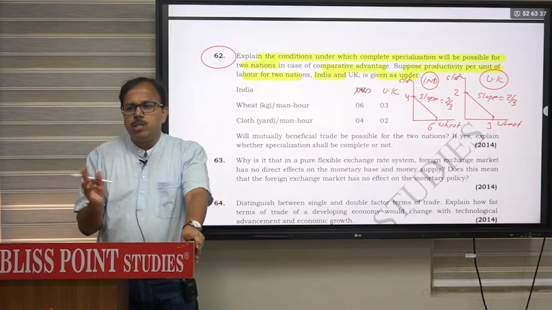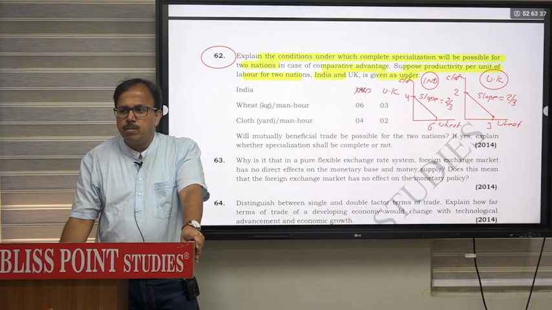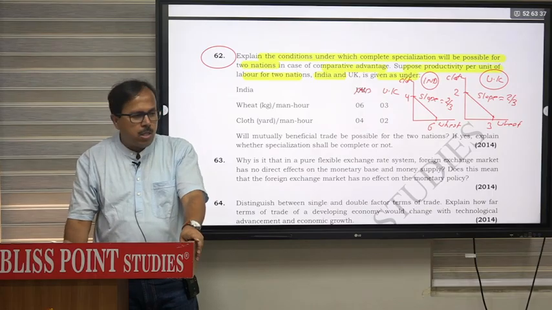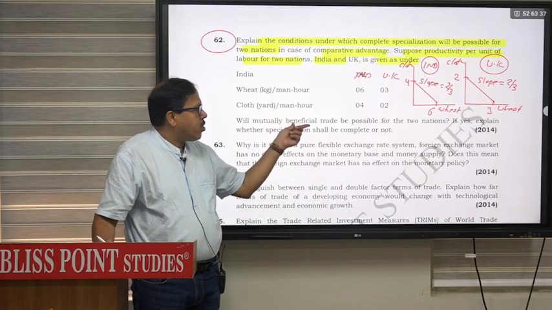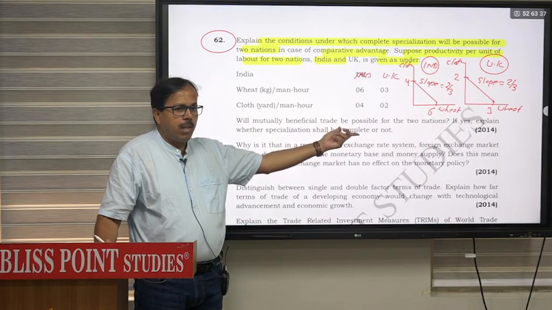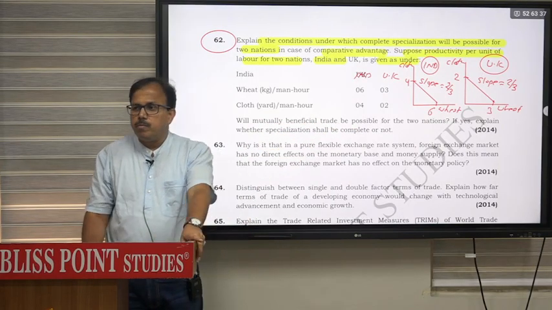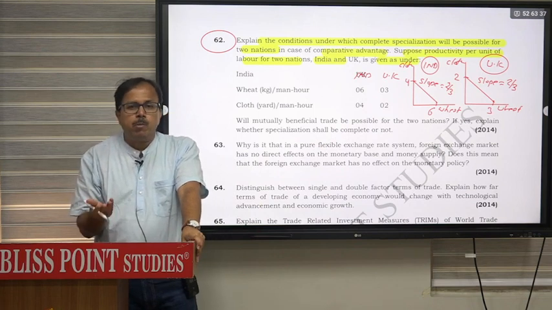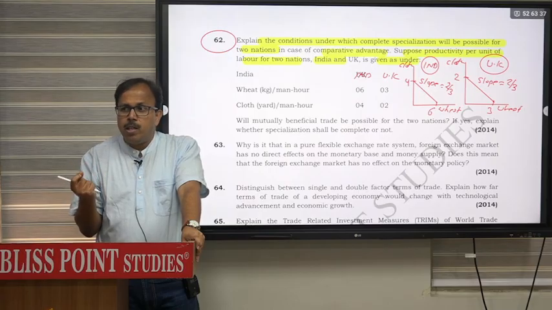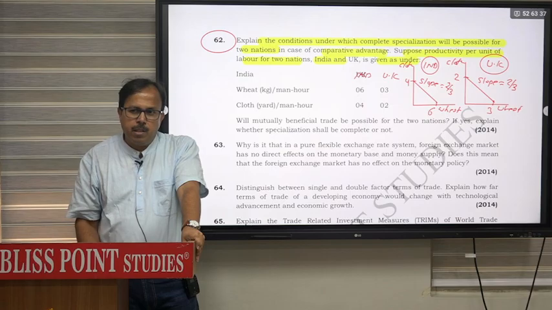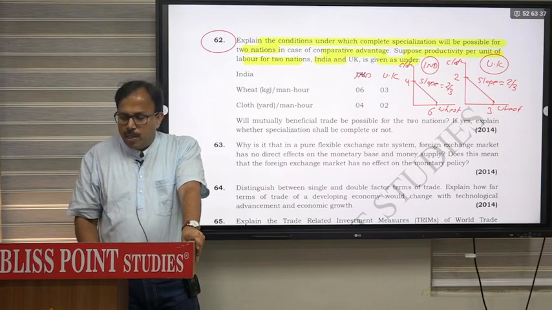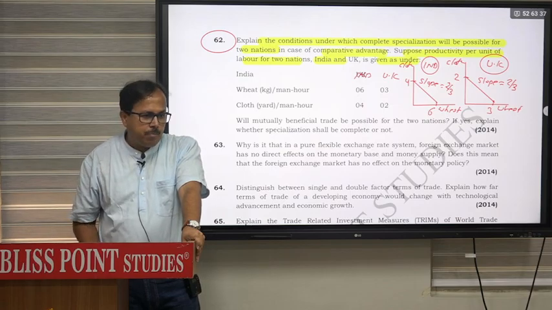So when opportunity cost is the same for both countries, the question is, is mutually beneficial trade possible? The answer is no. When will mutually beneficial trade be possible? When opportunity costs are different, then it is beneficial to have trade. If opportunity cost is the same, then it is not beneficial to have trade.